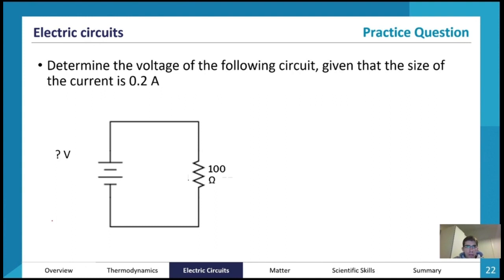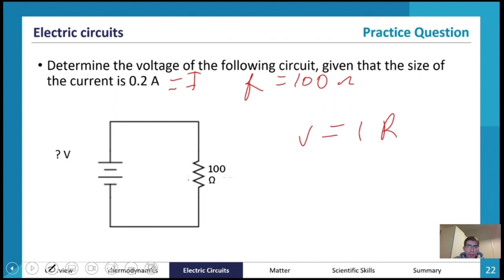With a resistance of 100 ohms and a current of 0.2 amps, we know that the equation is V equals IR, so we don't have to rearrange.